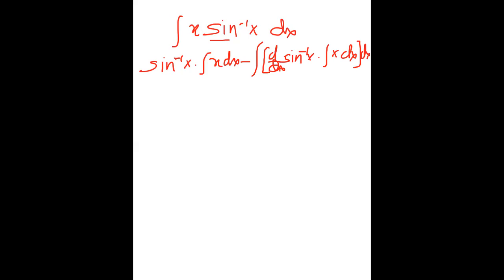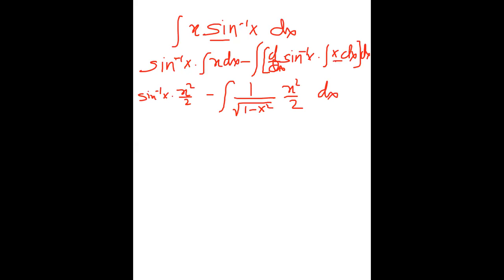Means with respect to x we need to integrate it. So it will become sine inverse x into x square by 2, minus the derivative of sine inverse x, which is 1 upon under root 1 minus x square, then the integral of x, which is x square by 2, dx.